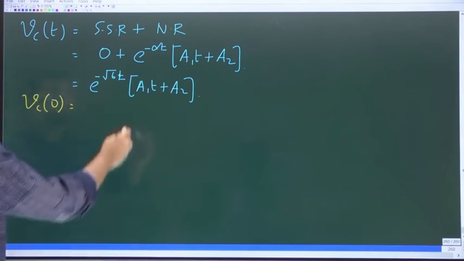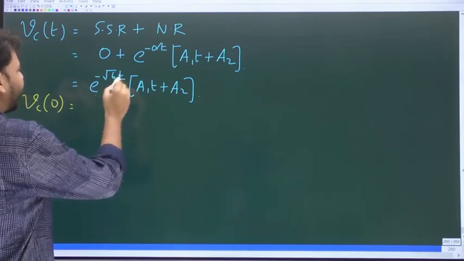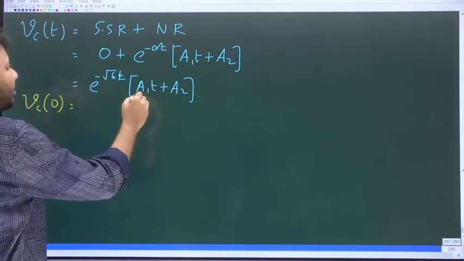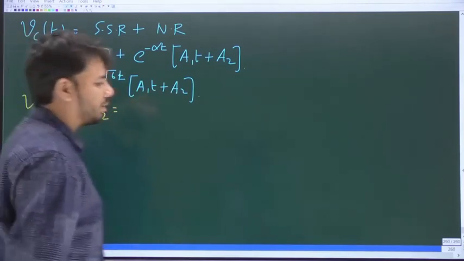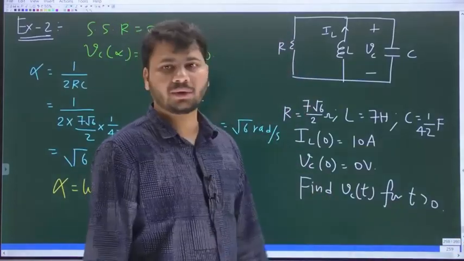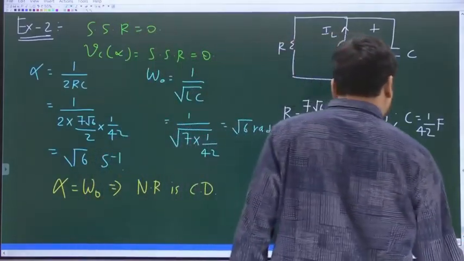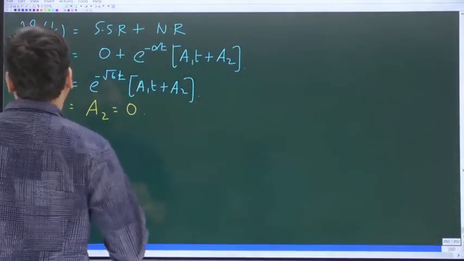If you substitute t equal to 0, left hand side becomes Vc of 0. Right hand side, if you put t equal to 0, a1 into 0 is 0. E power 0 is 1. So 1 into 0 plus a2 is just a2. But what is the given initial voltage across the cap? It is given that Vc of 0 is 0. It means a2 is going to be 0.